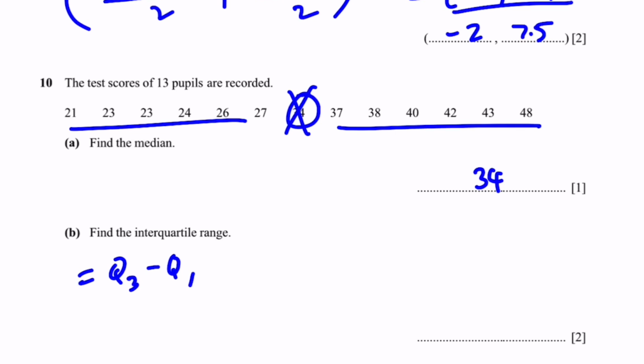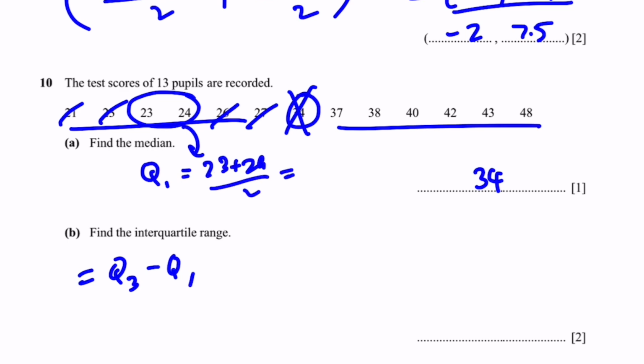So in the first half, we need to find the middle value here. And that will be the first quartile. So we just do the same cancellation method, but now we have two values in the middle. And therefore, the quartile 1 is just going to be the average of these two values. So Q1 is going to be 23 plus 24 by 2, which is equal to 23.5.